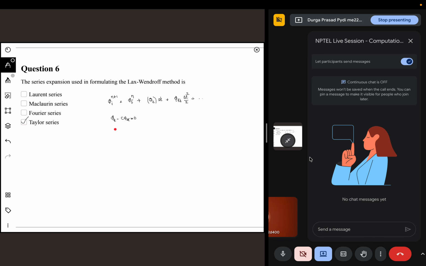We substitute that into this equation. So this you will replace with minus c phi x, and this you will replace with c square phi xx, where phi x you will replace with the central space scheme. Again, this also will be replaced with the second order accurate finite difference form. And then the resulting scheme is what we call the Lax-Wendroff method.